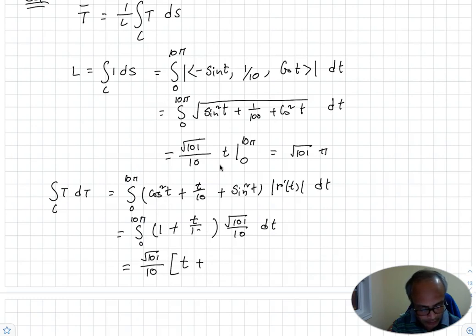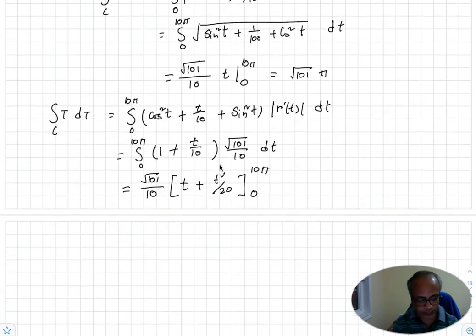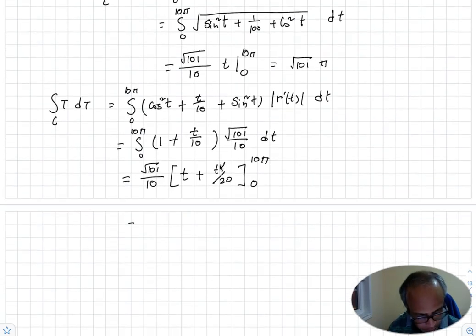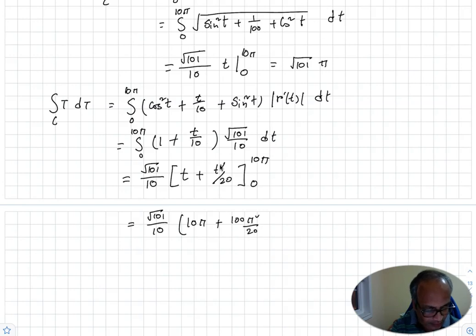So 1 plus t over 10, right? So t plus now will be t square over 20, and limit going from 0 to 10 pi, right? So 101 divided by 10, and you can figure out it is really straightforward. 10 pi plus 100 pi square divided by 20 means 5 pi square.